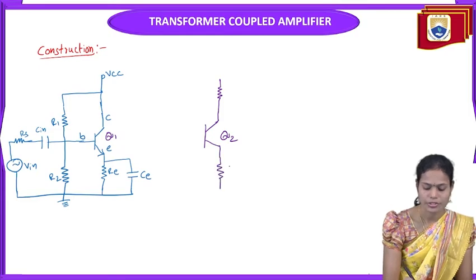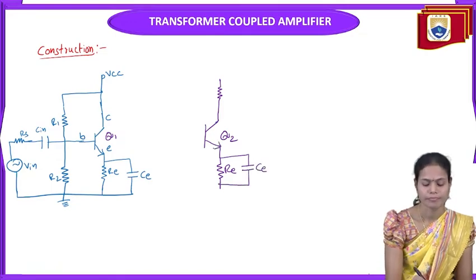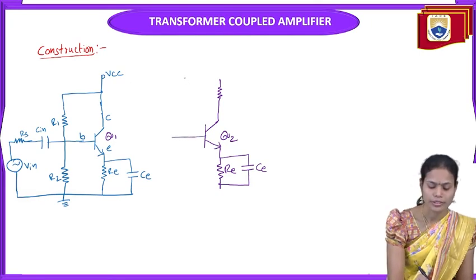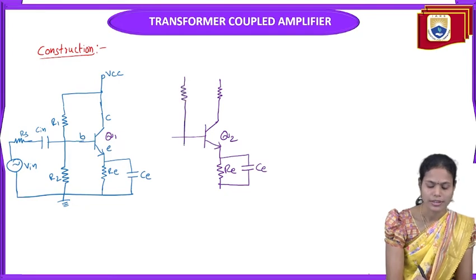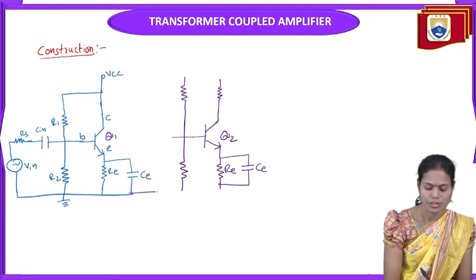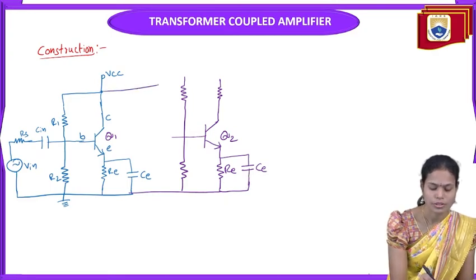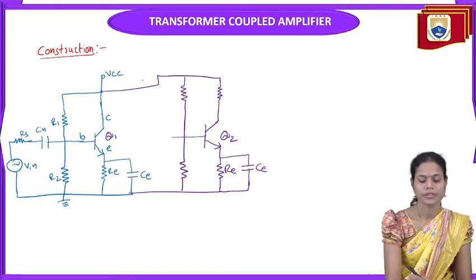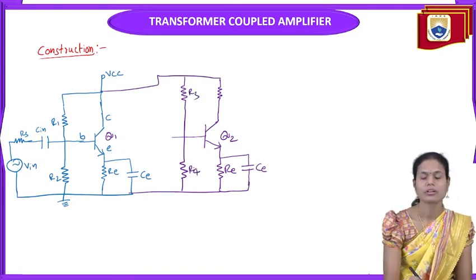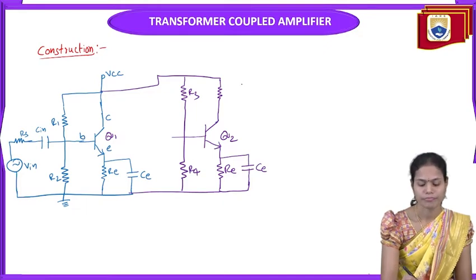Again for the emitter, we have the emitter resistor as well as the capacitor C. To provide the biasing, again we are utilizing the voltage divider biasing here. These are also connected to supply VCC. These are the R3 and R4 potential divider circuit.